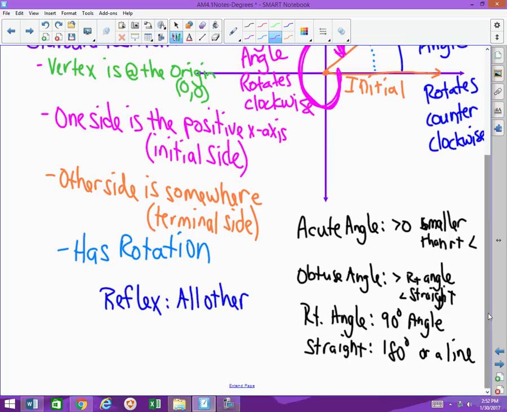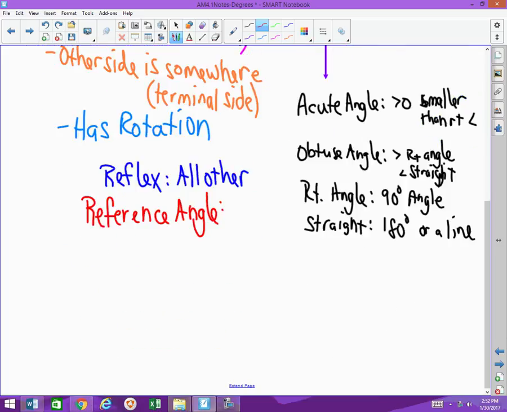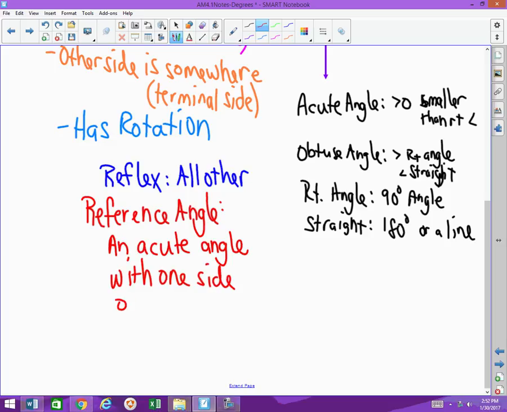And then we also have something called a reference angle. And the reference angle is an acute angle with one side on the x-axis.